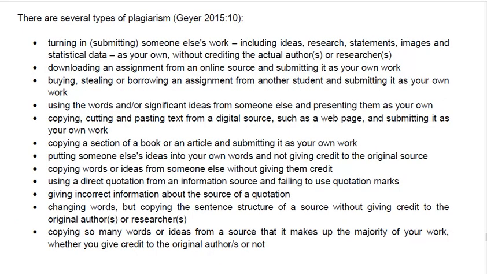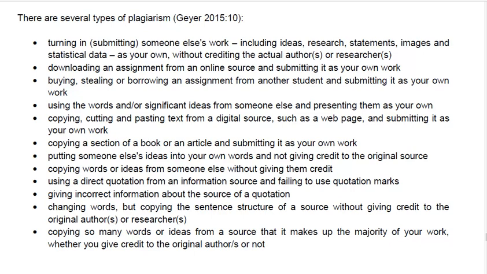So let's further look at the types of plagiarism. There are several types of plagiarism. You see, there's a citation there. You don't have to specifically write this, but it shows that you need to cite when you have a piece of information that you have taken from somewhere.